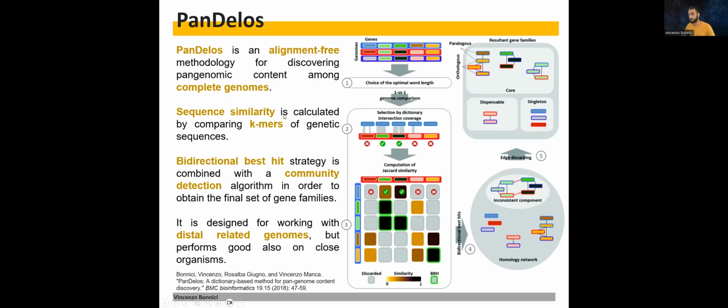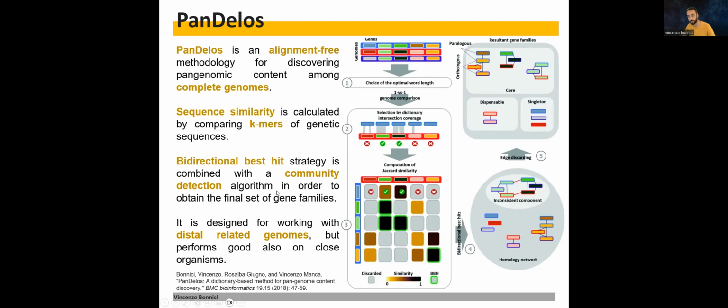Sequence similarity is then calculated by comparing k-mers of the genetic sequence. Given a sequence, a k-mer is a subsequence of length k, and usually the problem is to understand which is the right value for k in order to get good results. Then a bidirectional best hit strategy is combined with a community detection algorithm in order to obtain the final set of gene families.